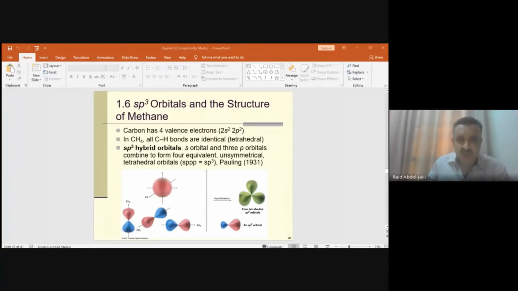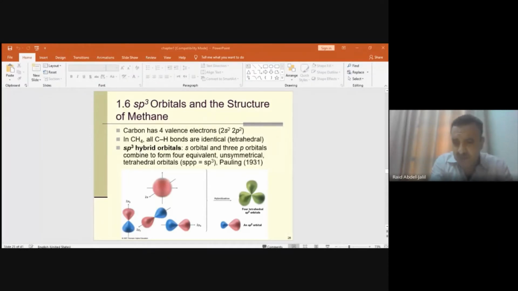As you know, the electronic configuration of carbon is 2s2 2p2, and as such, carbon cannot make four bonds. Because what's the requirement for any atom to make a covalent bond? Remember this: the requirement is to have a half-filled orbital.